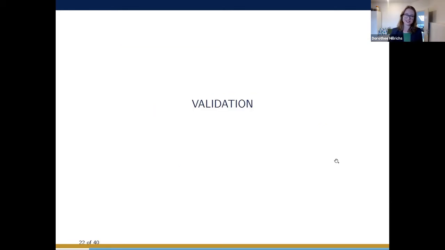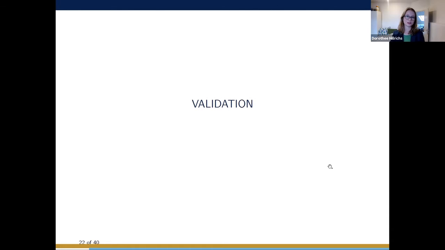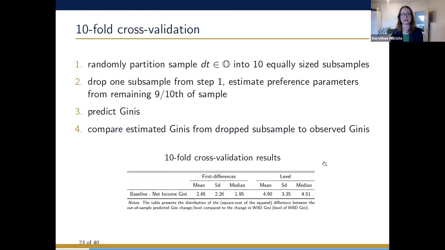So once again, you might say, okay, that's all nice, but can I really trust these estimates? So of course, we will do a lot of validation exercises. The first one is a procedure where we once again check how sensitive our estimates are to the exact sample that we use to classify products and to estimate the inequality.